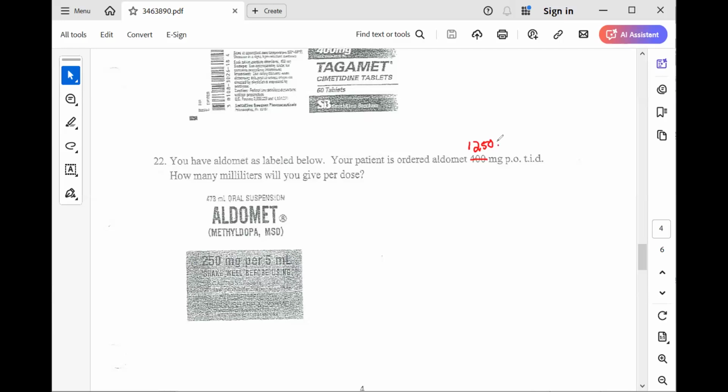So if the order was 1250 milligrams, how many milliliters would the patient receive per dose? And like I said, just type it in the chat. If you don't feel confident in your answer and you want to put it to me as a private message, that's perfectly fine. And then I won't share the information.